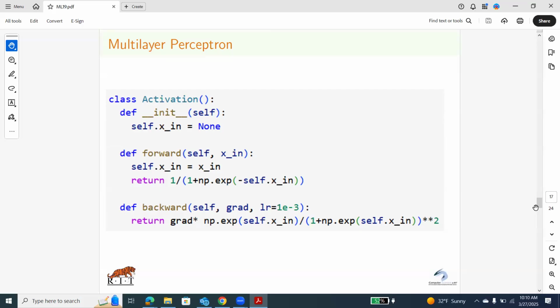The derivative of sigmoid we derived last time. It's just exponent over 1 plus exponent squared, times the derivative of our loss function with respect to H.